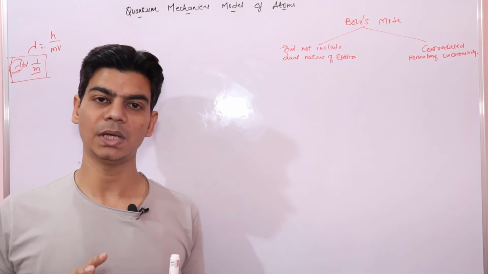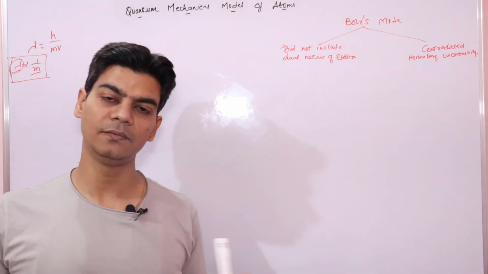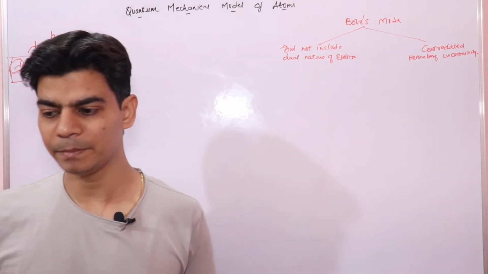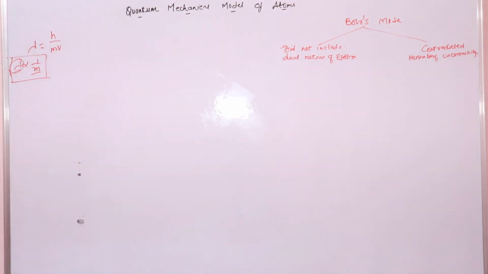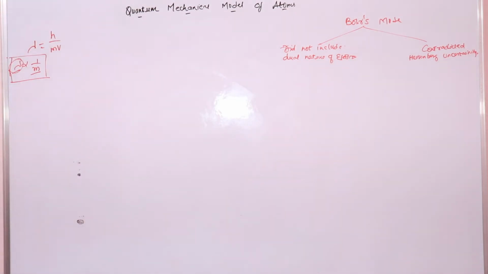So we will apply quantum mechanics to this revolving electron, and then deduce the structure of atom based on quantum mechanics. Quantum mechanics is applied to microscopic objects, and it specifies the laws of motion that these microscopic objects follow.